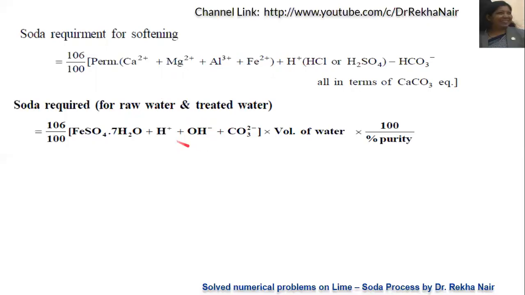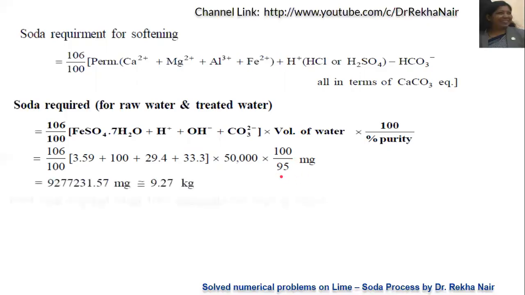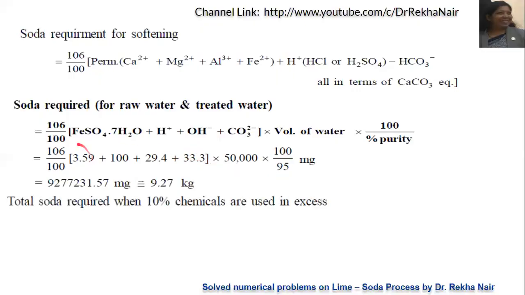So we have to put OH minus and carbonate and multiplied by volume of water, multiplied by 100 upon percentage purity. Volume of water is 50,000 liters and purity is 95%. So by putting the values of iron, H plus, OH minus and carbonate, the value of soda will come out to be 9.27 kg.